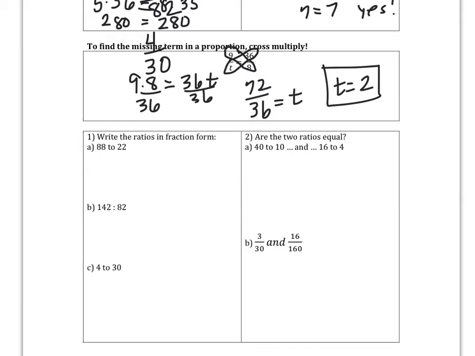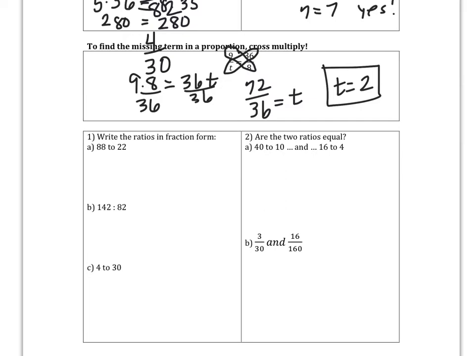So 40 divided by 10, you divide the top and bottom by 10, so that's 4 over 1, which is 4, equals 16 divided by 4, which is 4. By simplifying both, you find that 4 equals 4. So yes, those two ratios are equal.